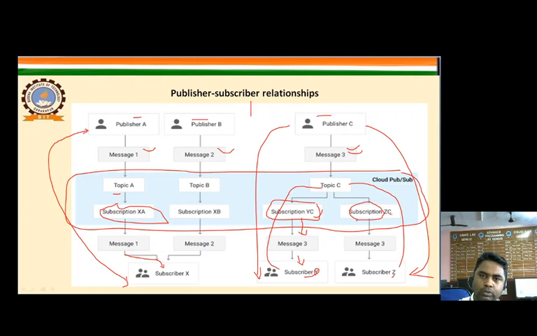So here you can see two types of publisher-subscriber relationship. First, individual publishers can communicate with a common subscriber, meaning this is the common subscriber for publisher A and publisher B. Or a single publisher can communicate with more than one subscriber: this single publisher C can communicate with subscriber Y and subscriber Z. So this is the publisher-subscriber relationship.